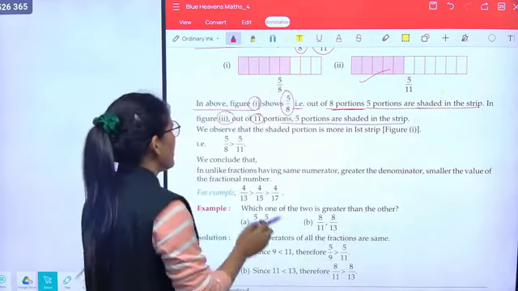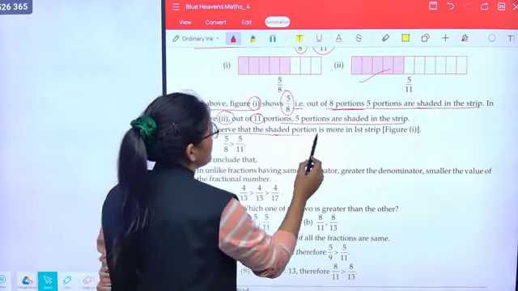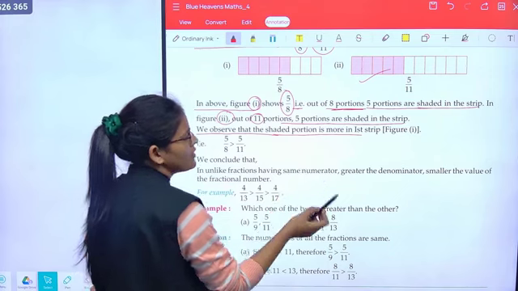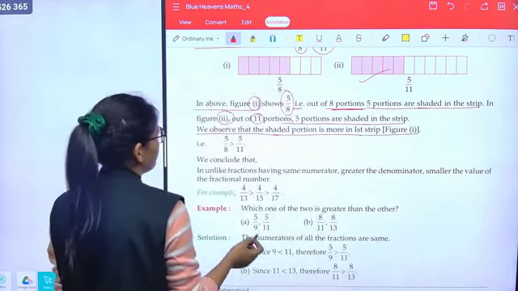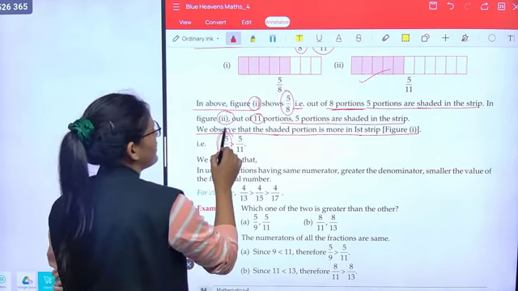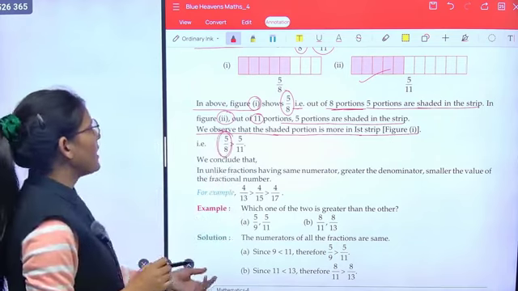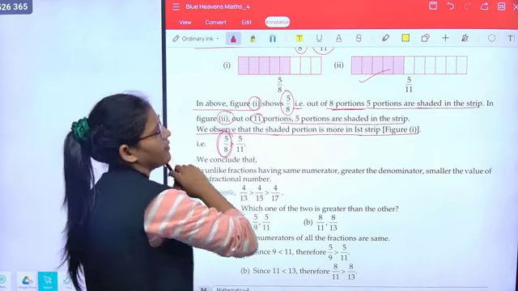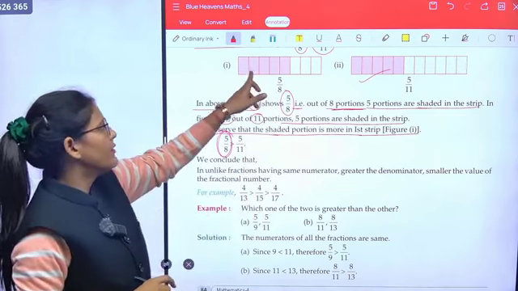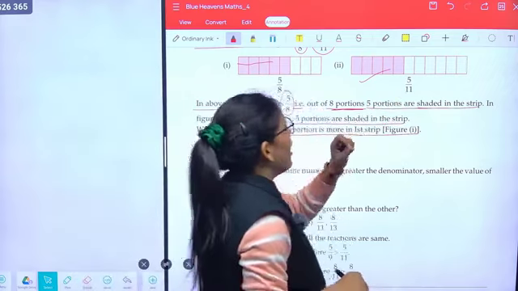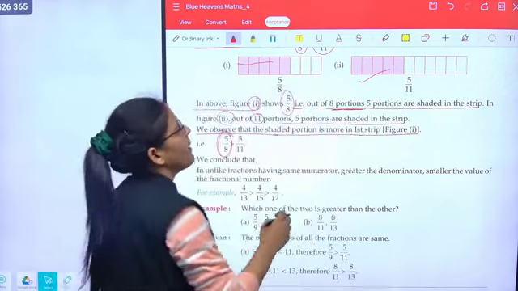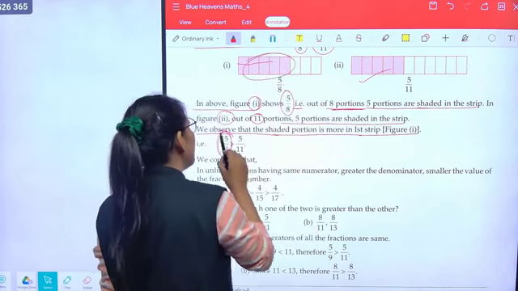In the second figure, out of 11 portions, 5 portions are shaded in the strip. We observe that the shaded portion is more in the first strip, figure 1, that is 5 upon 8. Okay, here 5 out of 8 is shaded, and here 5 out of 11, so the shaded part is greater for 5 upon 8.